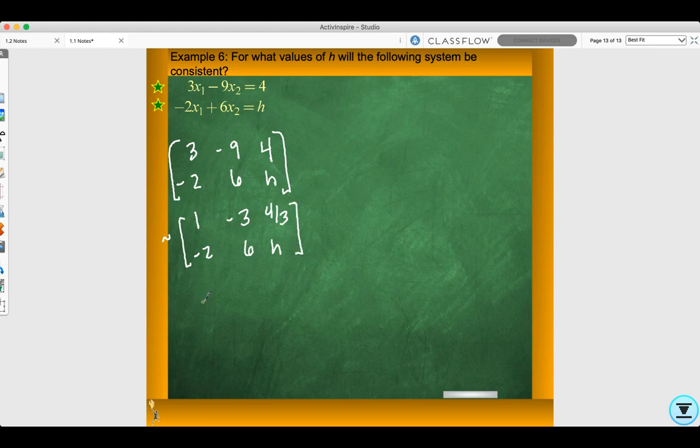Then I'm going to take twice my first row and add it to my second row. So twice my first row added to my second row, and I would get 0, 0, h plus 8/3.